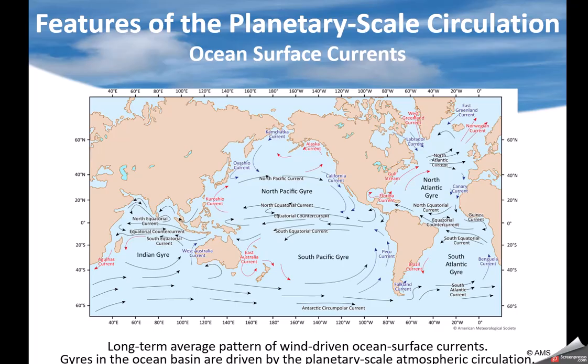Because of these semi-permanent features in the atmosphere, they actually influence the ocean. They create big circulations in the ocean. You look at the Gulf Stream that comes out of the Gulf of America or Mexico here, and it moves up along the East Coast.